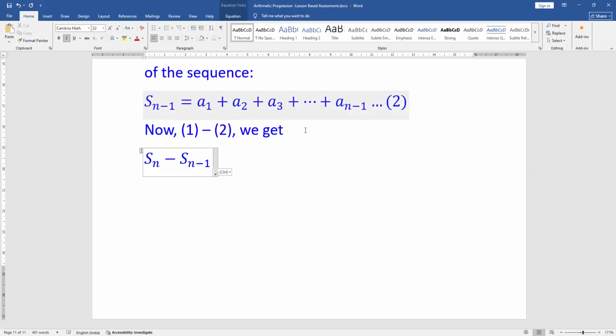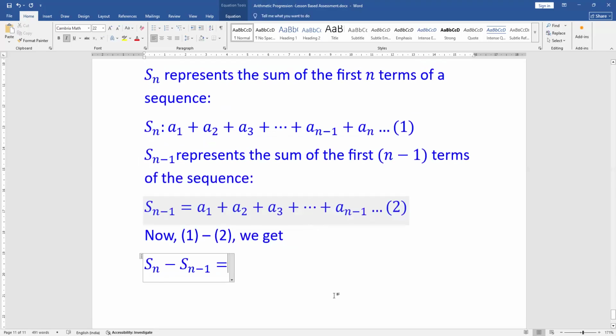So we subtract Sn minus 1. Okay, Sn minus Sn minus 1 equals, when you do the subtraction, what will happen here? This A1 gets cancelled because of the minus, A2 is gone, A3 gets cancelled, okay? An minus 1 gets cancelled. What is left here?